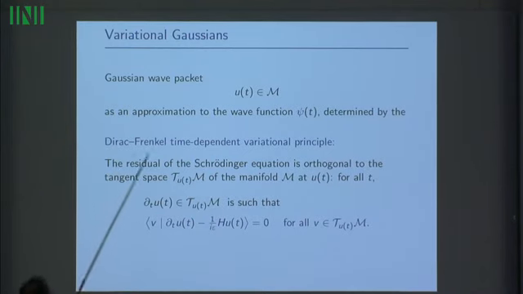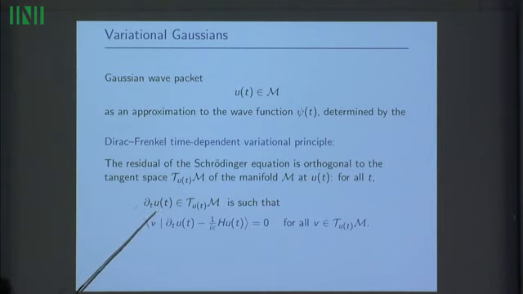And the Dirac-Frenkel time-dependent variational principle, given an approximation manifold, we're looking for an approximation u of t in this manifold by the following condition, namely that the residual of the Schrödinger equation be orthogonal to the tangent space of the manifold at this u of t.